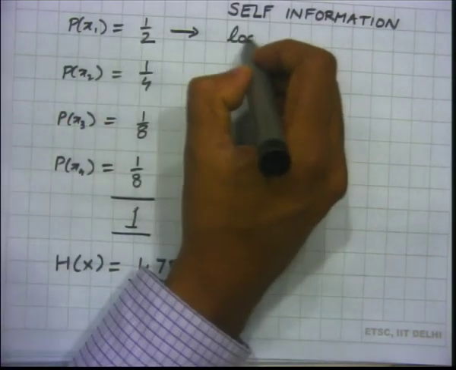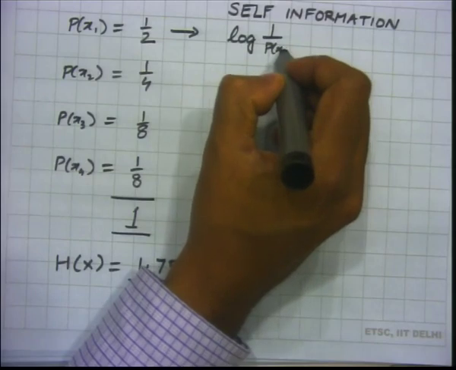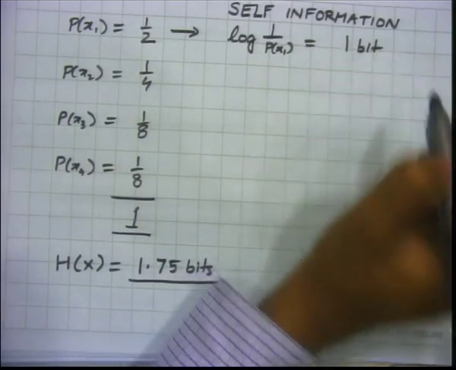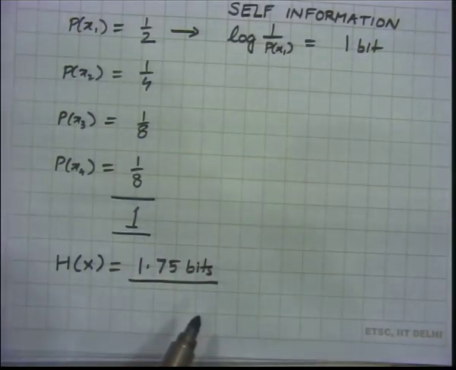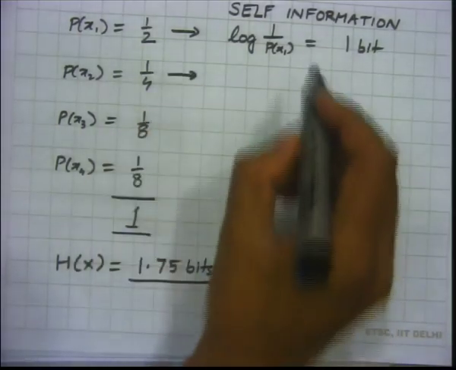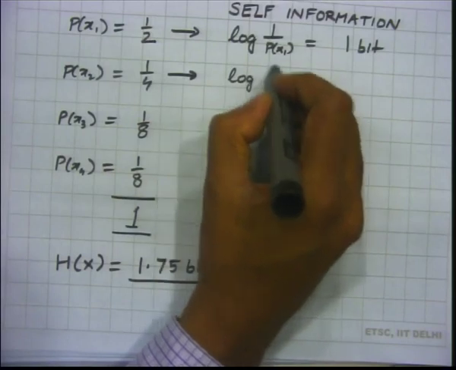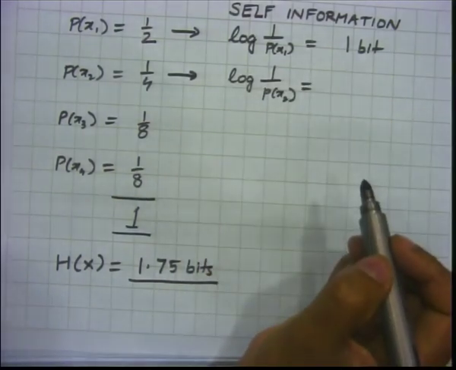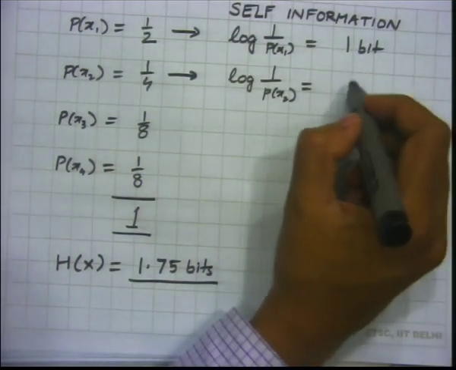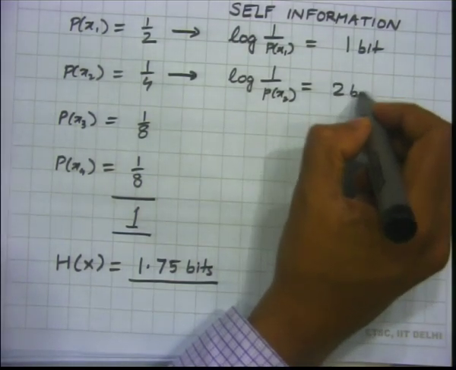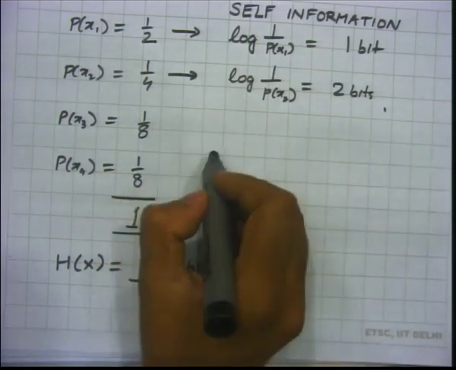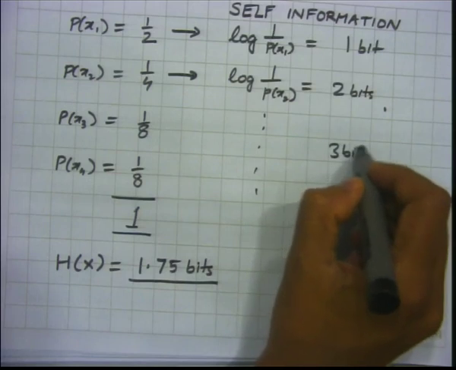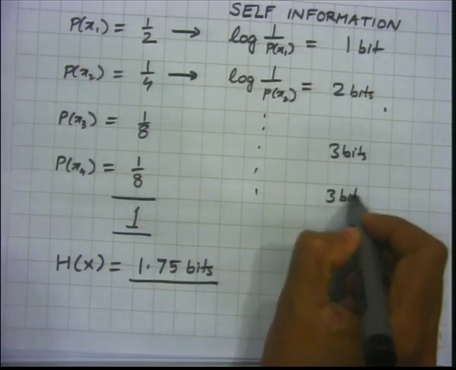Well, it is log 1 over p(x1) equal to 1 bit. Similarly, you get log 1 over p(x2) equal to 2 bits, and so forth. So, you get 3 bits and 3 bits.